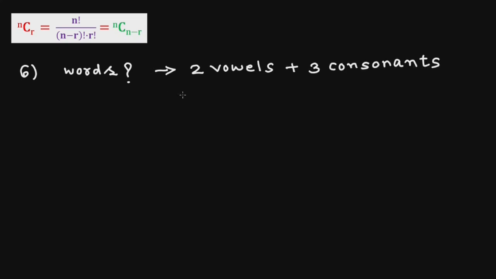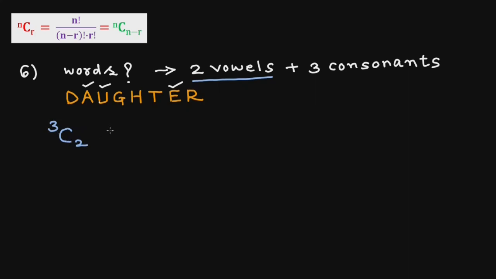How many words, with or without meaning, each of two vowels and three consonants, can be formed from the letters of the word DAUGHTER? In the word DAUGHTER, there are three vowels A, U, and E, and five consonants. Two vowels out of these three vowels can be selected in 3C2 ways.